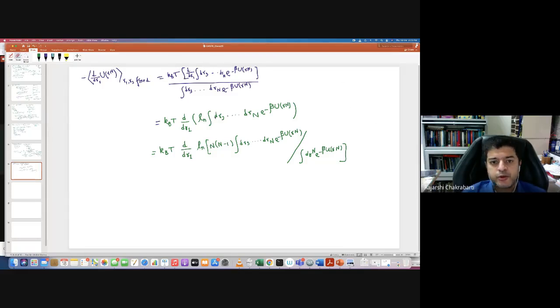There is another trick. So I have the log of this, the integral of this, all these things. This one I'm writing like this, and the next step is as follows. You can go and check yourself. This is kBT d/dr1 of ln g of r1, r2. And this quantity I can call whatever, some W. This is like a potential of mean force.